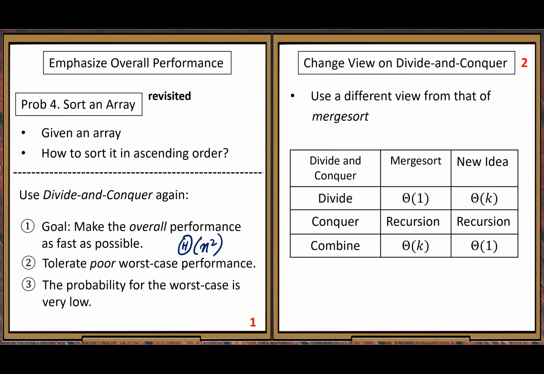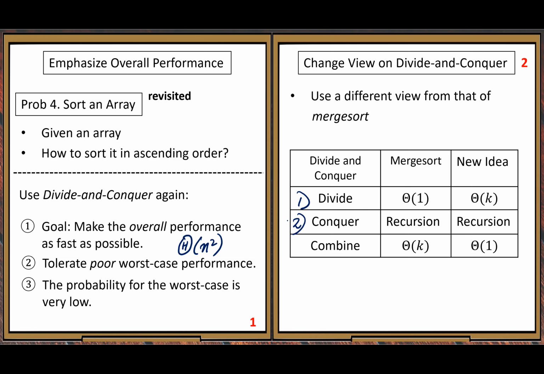First, we know when we apply the divide and conquer approach, basically we use 3 steps. The first step, divide step. You need to split the original array into 2 subarrays. How to split? There are many different ways. After that, second step, conquer. How to do conquer?